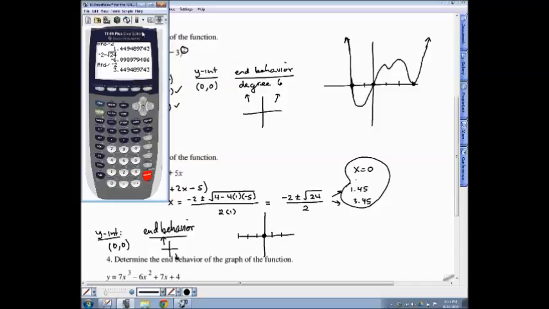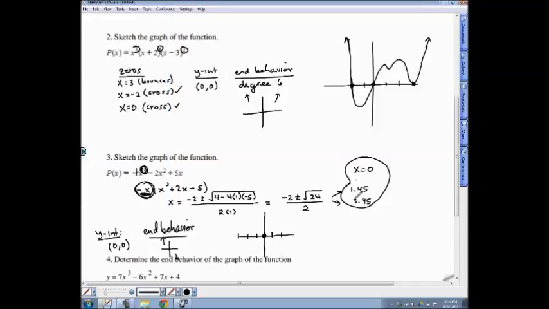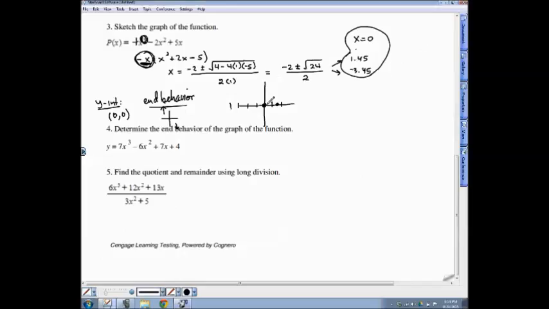So that should really be a -3.45. Yeah, 1.45. And -3.45. So all 3 of the zeros. There's a y-intercept right there.